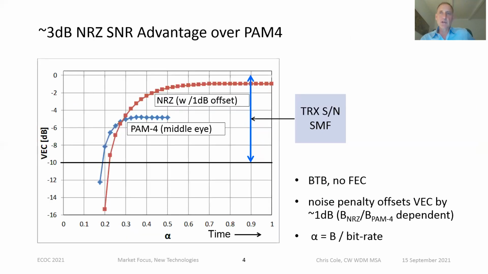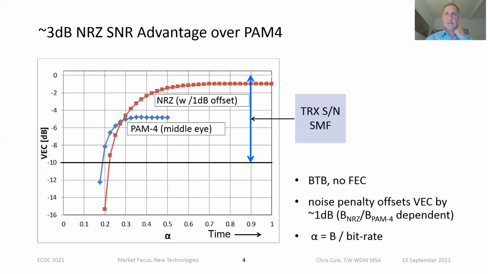Here's another way to look at the SNR advantage of NRZ over PAM4. This is expressed in vertical eye closure penalty. This is plotted versus alpha, which is the bandwidth over the bit rate, that ratio.